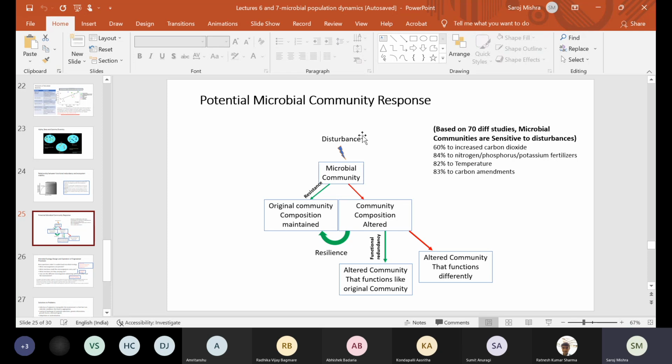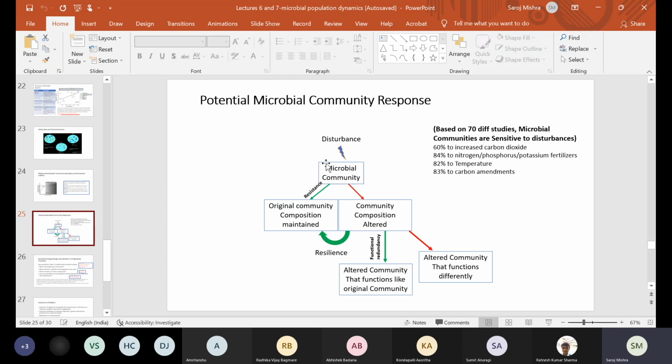Any disturbance like you see here, which could be a disturbance in the nutrient, or in the pH or in the temperature, then the microbial community is either going to exhibit resistance to it, that is, there is going to be no change, in which the original community composition is entirely maintained.